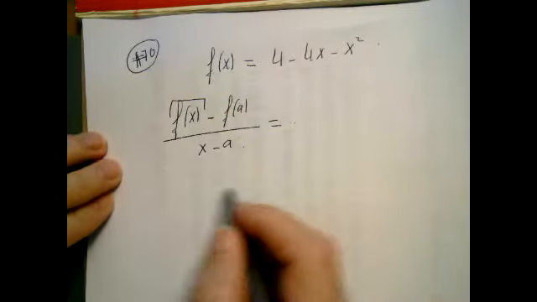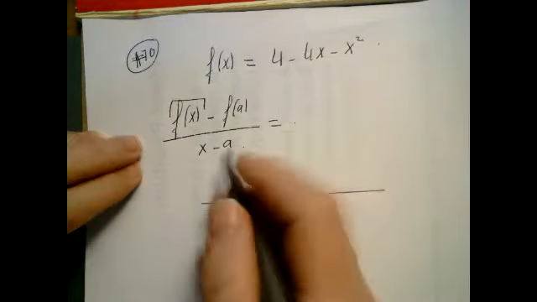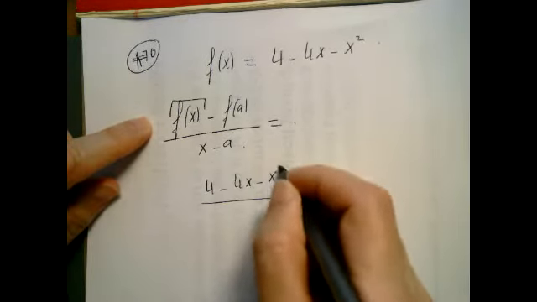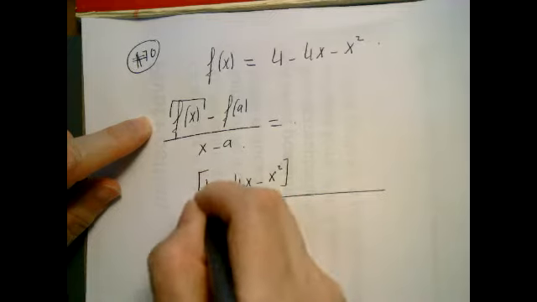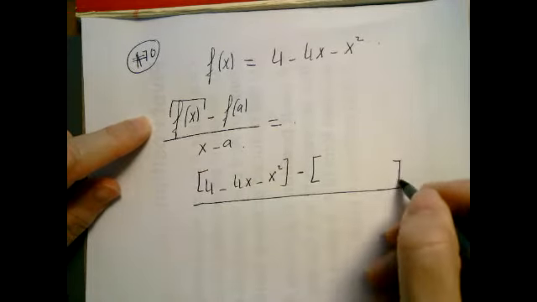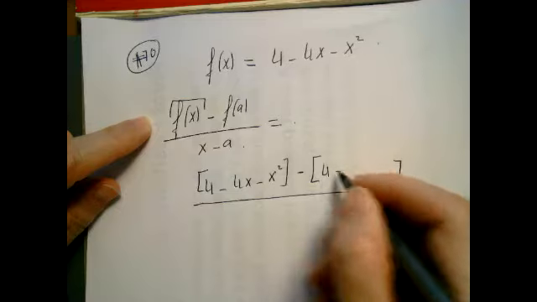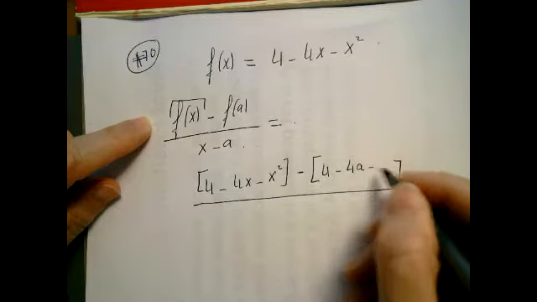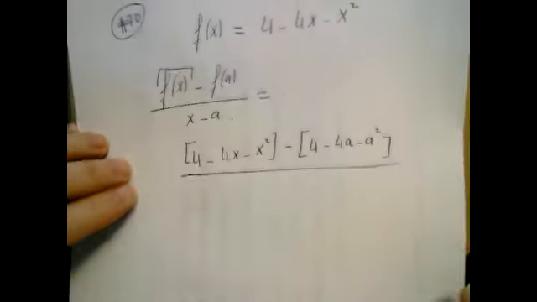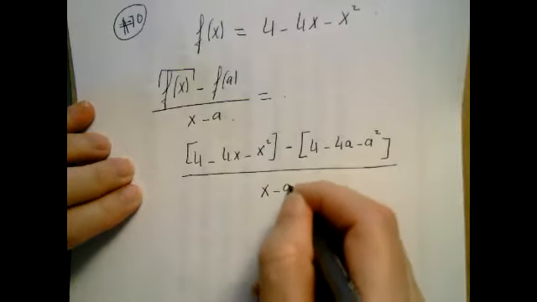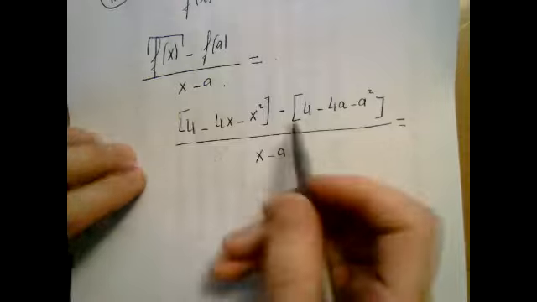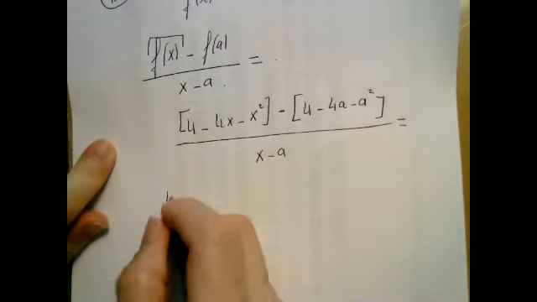What is f of x? f of x is nothing more than the value of the function at x, minus f of a, which is 4 minus 4a minus a squared, and the whole thing over x minus a. So we set it up, and now we just basically simplify.